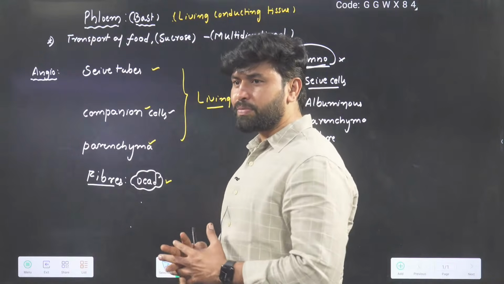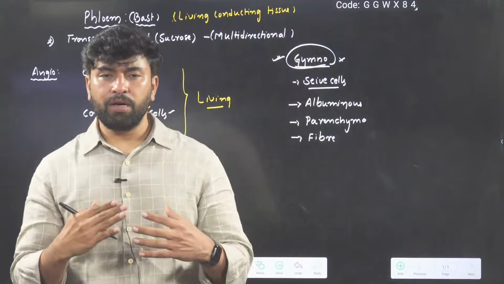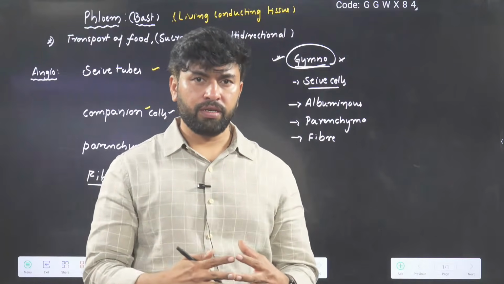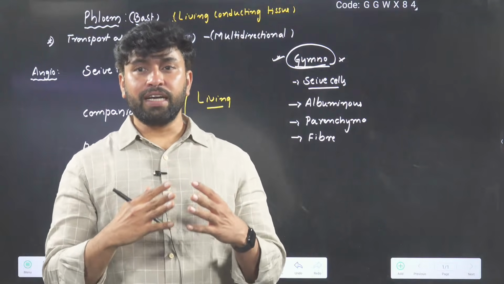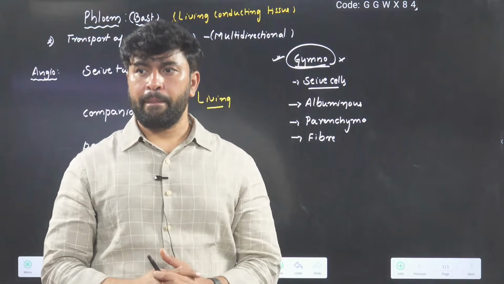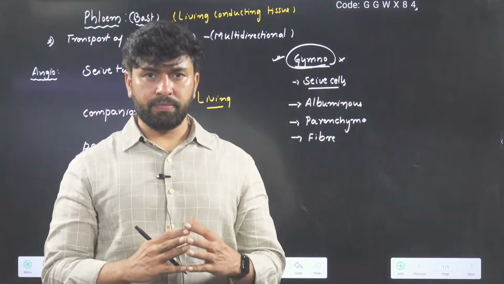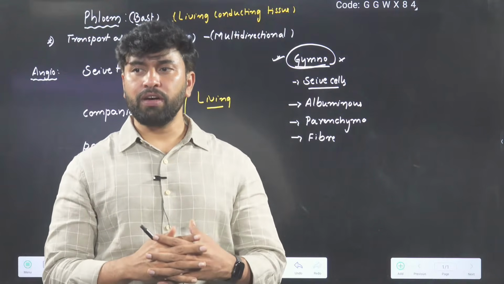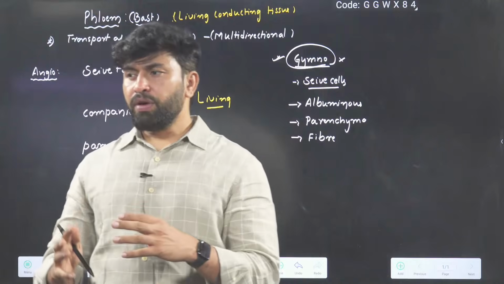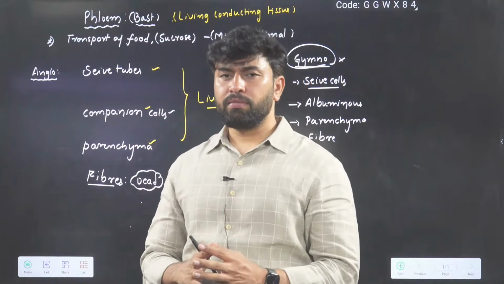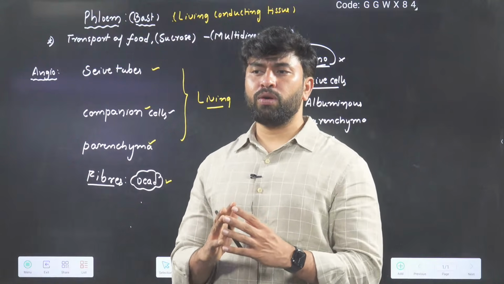In that account, when we were talking about xylem, we mentioned xylem is dead conducting tissue. Because of its dead nature, it can even provide mechanical stability. Wherever you come across phloem, it has one role only.